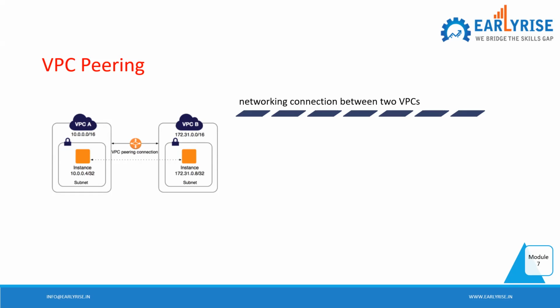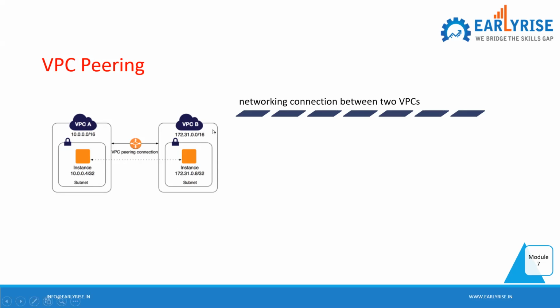Now we want communication to happen between your VPC and my VPC. I have two VPCs, and I can have communication between these two VPCs also if I wish. So we can link VPCs directly together.